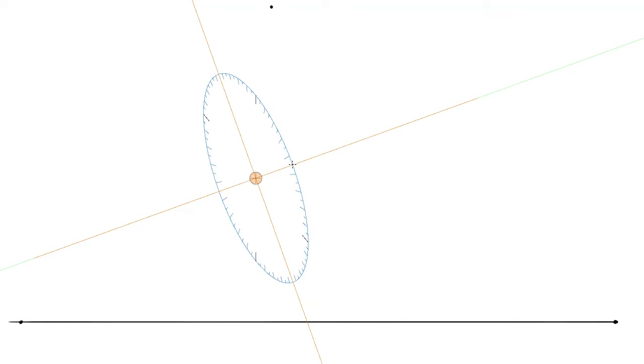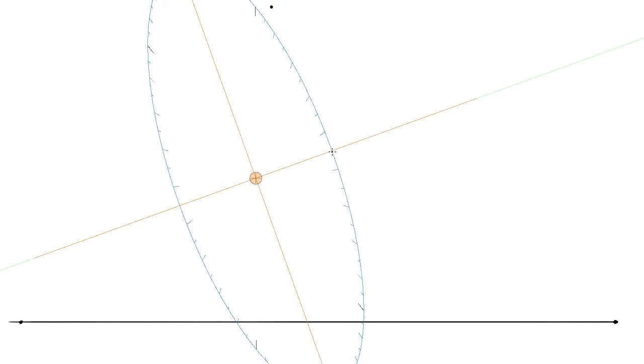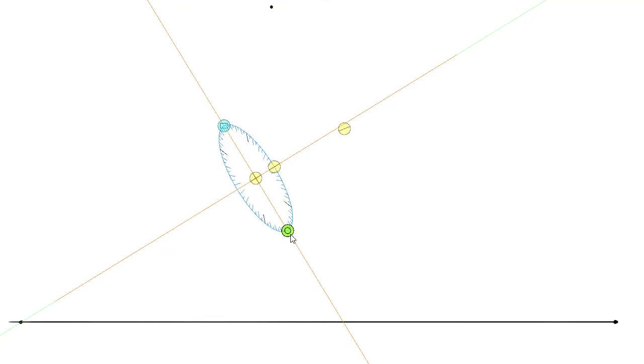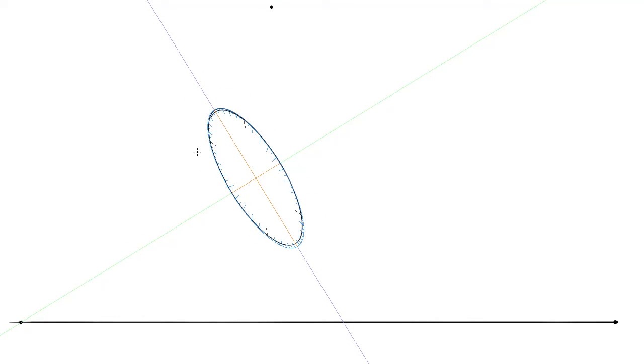Now, I did explain in lesson 1 that the minor axis of an ellipse, I'll just rotate this a bit, the minor axis, which is this, aligns to all the lines in the scene that run perpendicular to the surface of the ellipse.